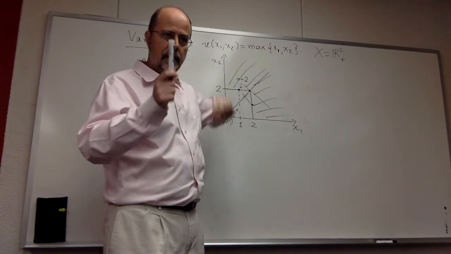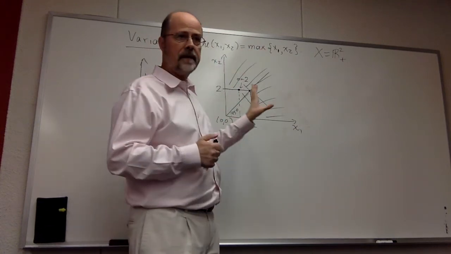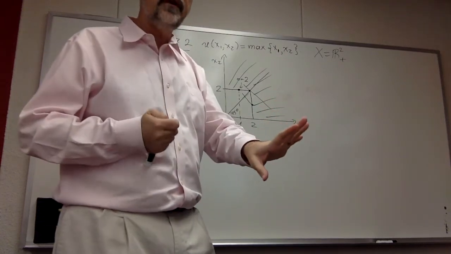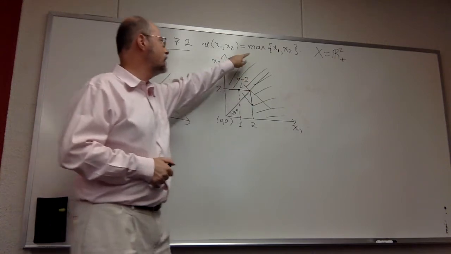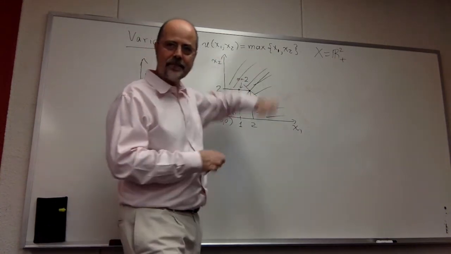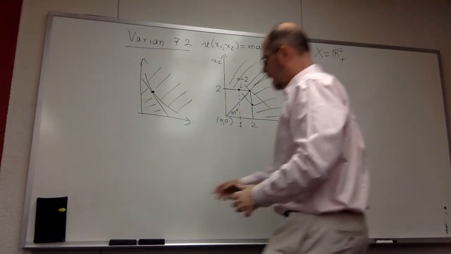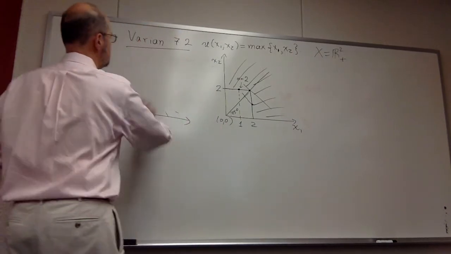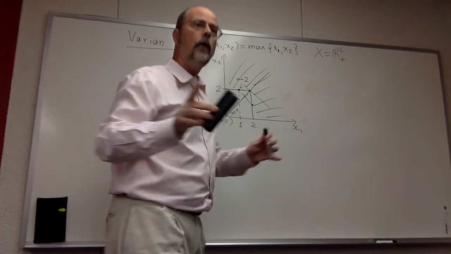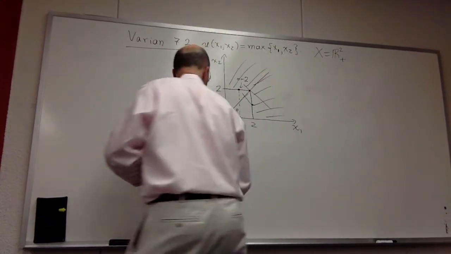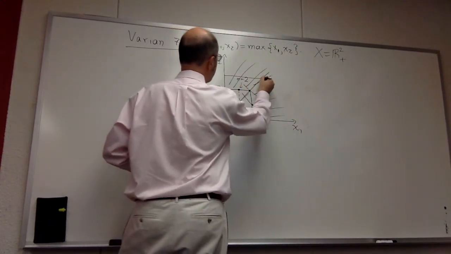But if I start forgetting myself and starting 7.3, stop me and make sure to ask me to do this with min. Okay, so I am now going to erase this. And in fact, I'm going to clean up a little bit. Now we know how all the indifference curves will look, right? They're all going to be like this.